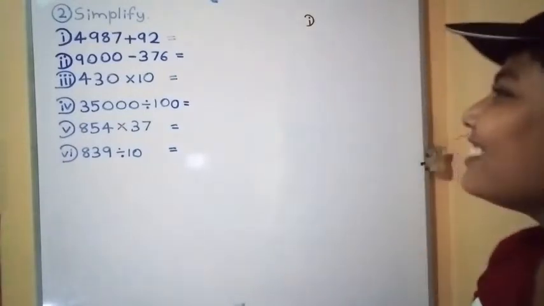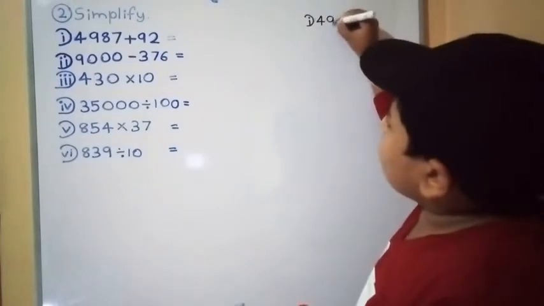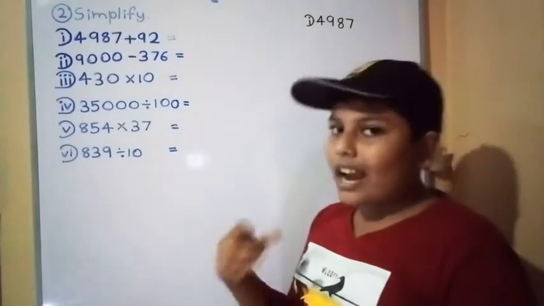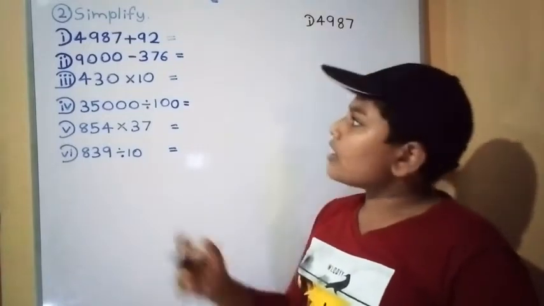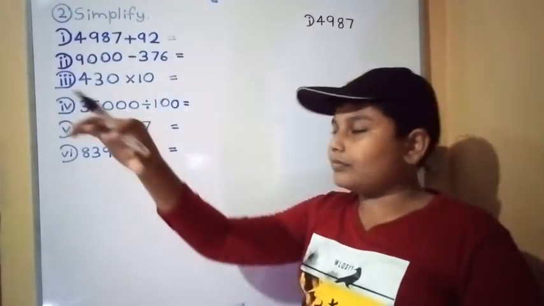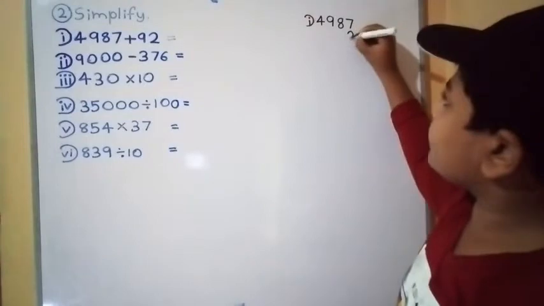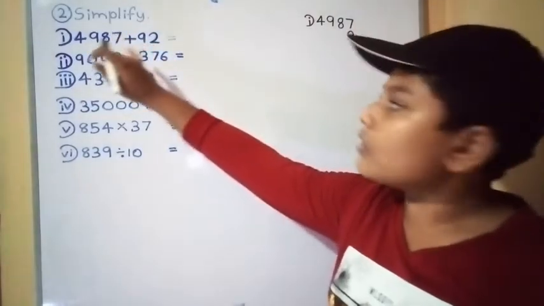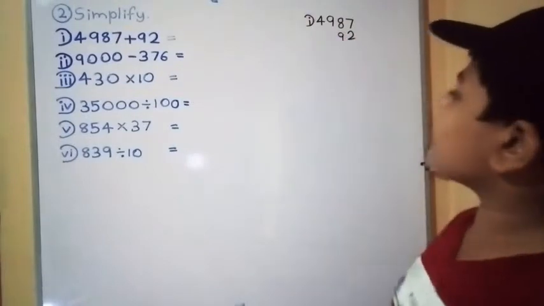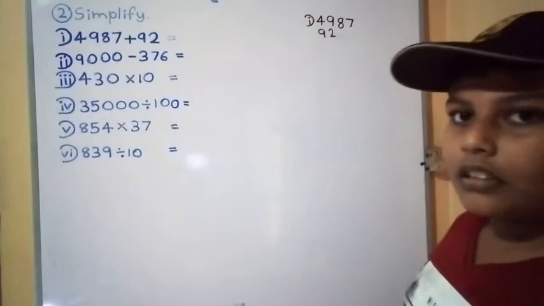Is it difficult? No. Now, we write 4987. Now, the 92. The 7 and 2, you want to write in the ones place. The 2 in the ones place. Now, this 9, you want to write in the tens place, like this. You can't write this in there, right?